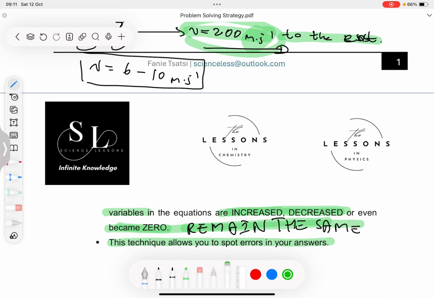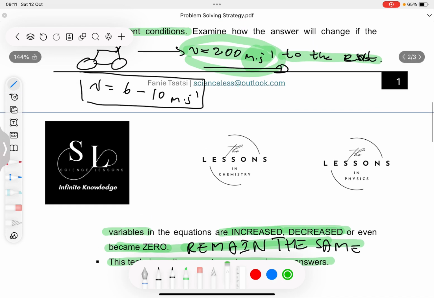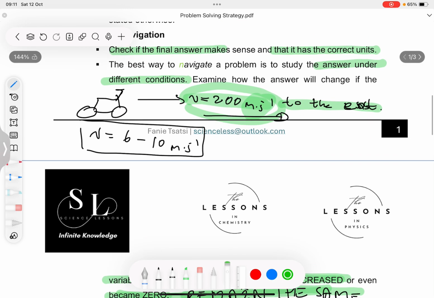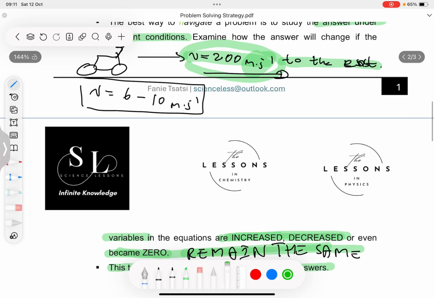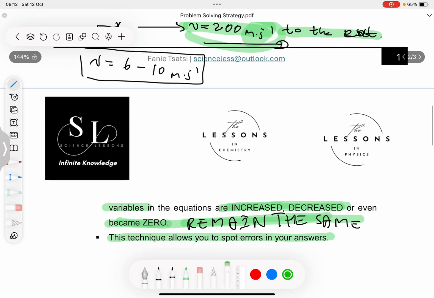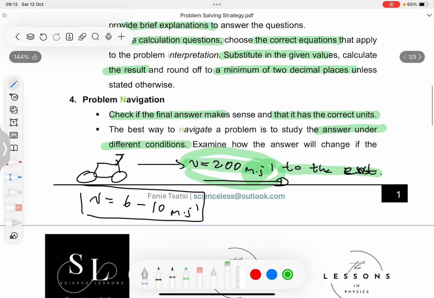And I argue that actually what the examiner is doing there, they are assisting you to assess your answer, to see if there are any errors in your answer. That's why they like asking this question, right? But I'll teach you how to answer these questions and how to maneuver around, how to look at different conditions to get the same answer, if you stick with us in all our other lessons that we'll be sharing. Because I'll give you the skills of answering these questions and making sure that your final answer makes sense.